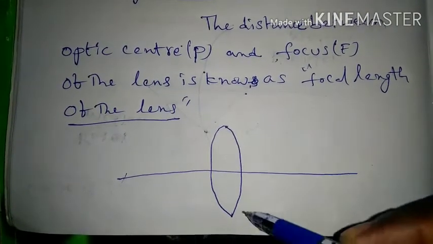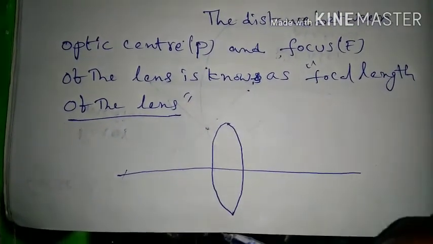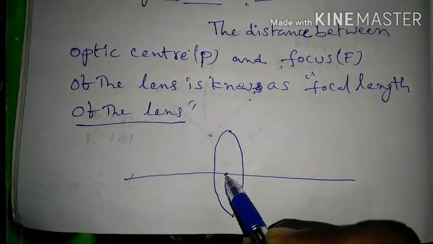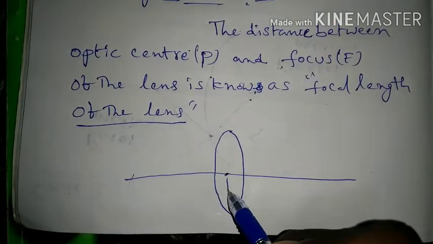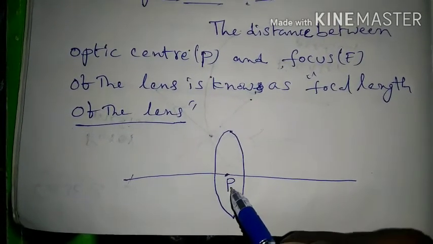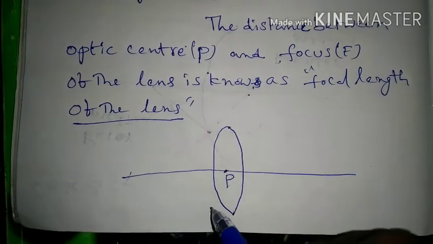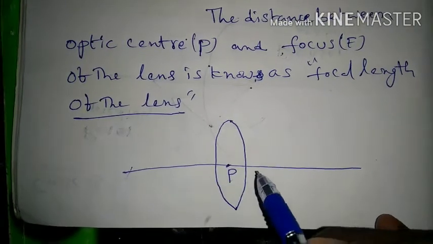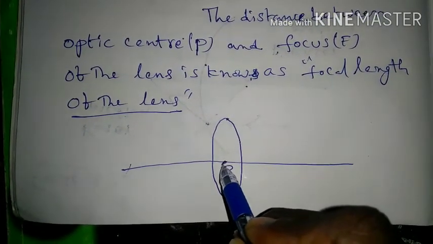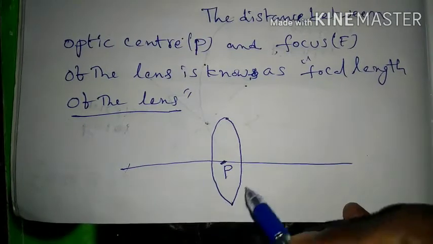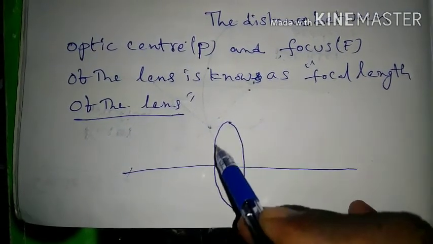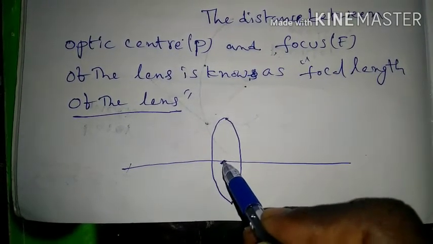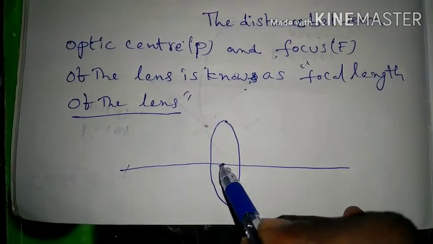This middle point, capital P, means optic center. What is meant by optic center? The midpoint of the lens is called optic center.